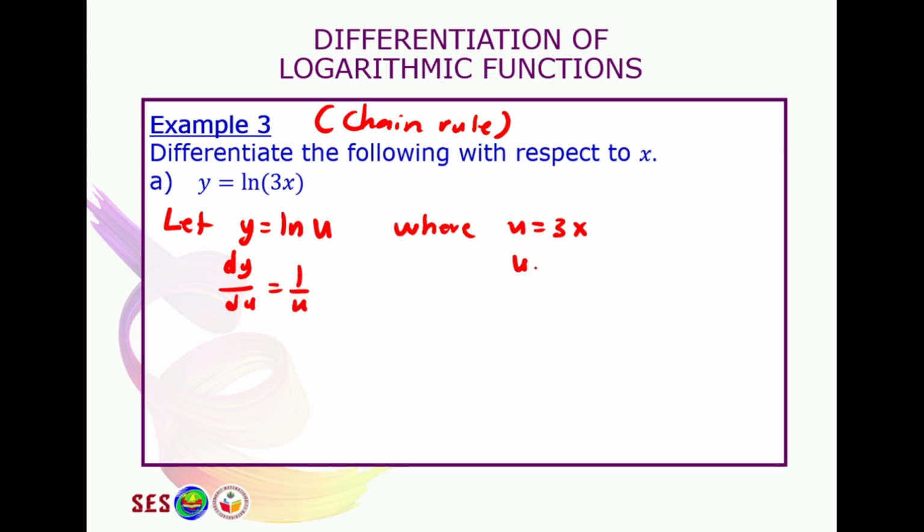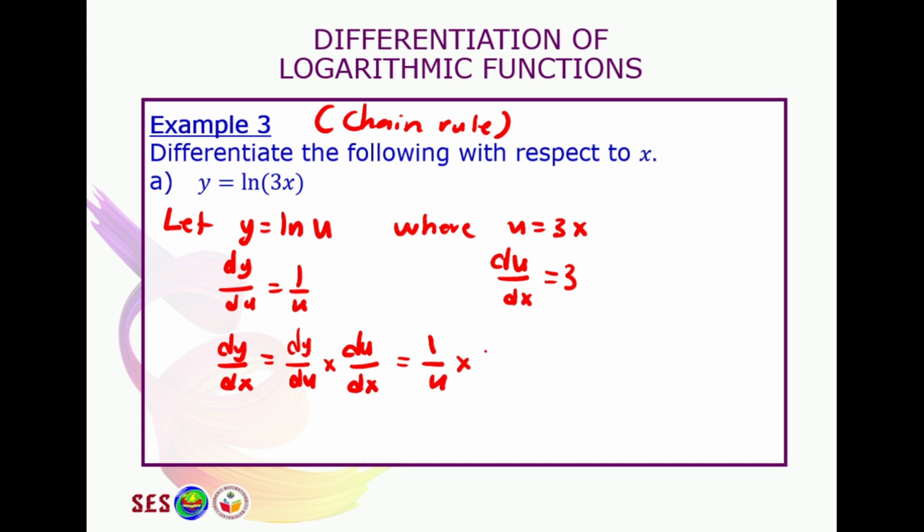If I differentiate u with respect to x, I will get 3. By using the chain rule, we want to find dy over dx, so we have dy over du times du over dx. Dy over du is 1 over u, and du over dx is 3, so what you get here is 3 over u.